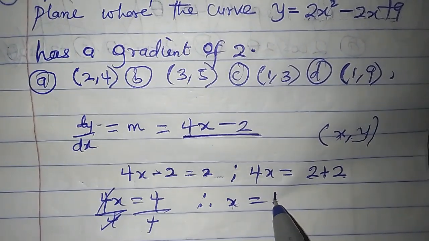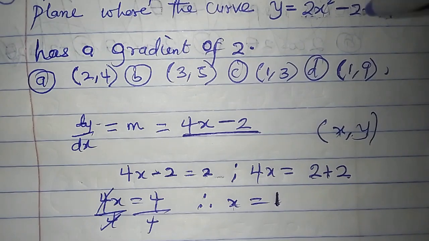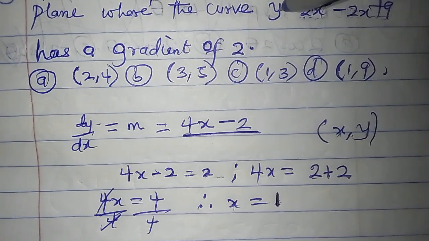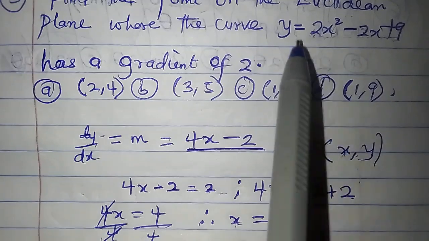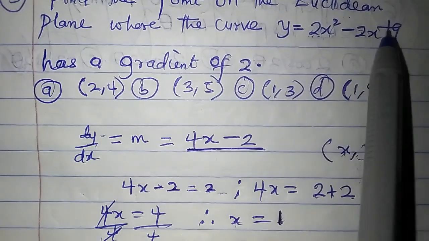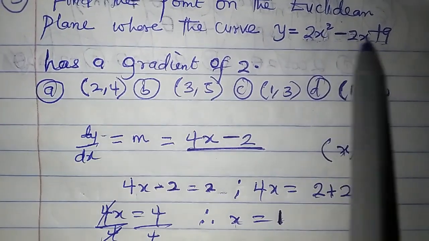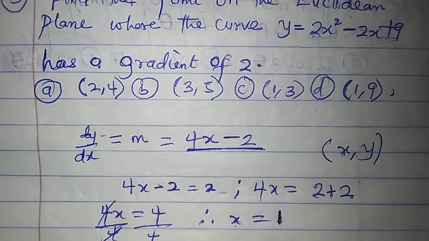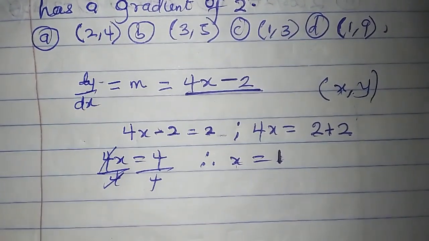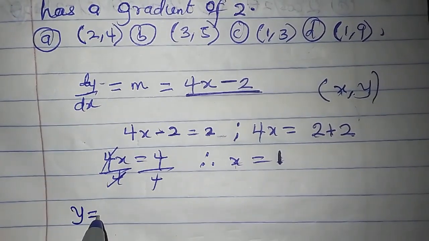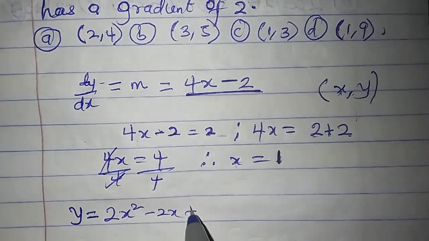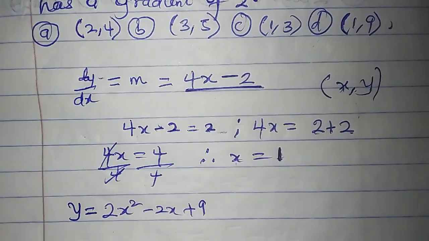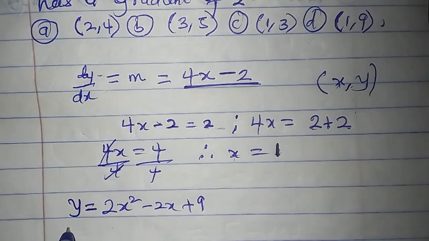To get y, I will substitute this value of x into the original function, and a value of y will come out. So the function says y is equal to 2x squared minus 2x plus 9. Anywhere I see x here, I'm going to write 1. Now let's try it. Y is equal to 2x squared minus 2x plus 9. So anywhere I see x, I'll put 1.